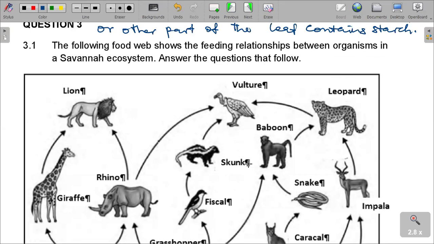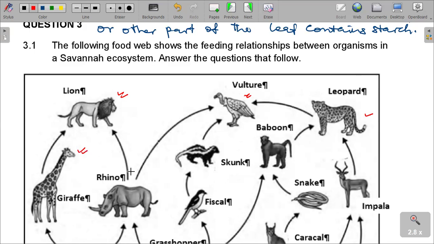In the savanna ecosystem, we have got lions, we have got the vulture, we have got the leopard, baboon, quite a lot of interactions that are shown here.